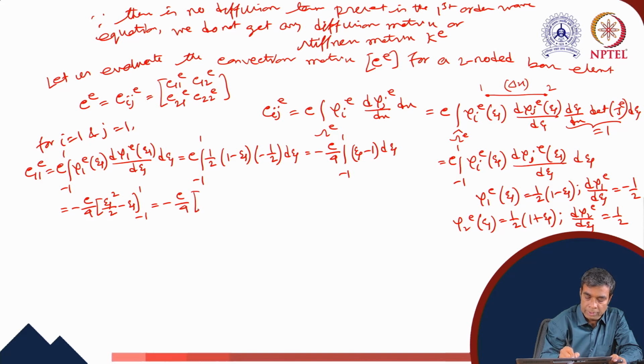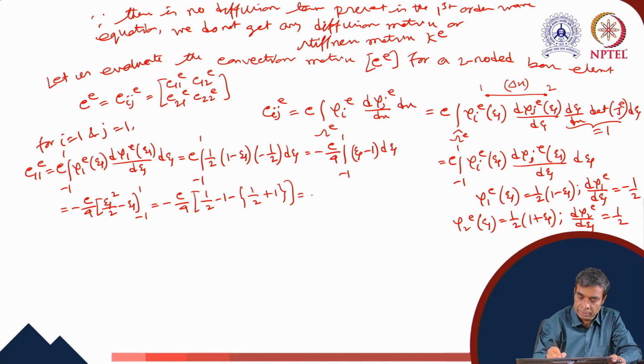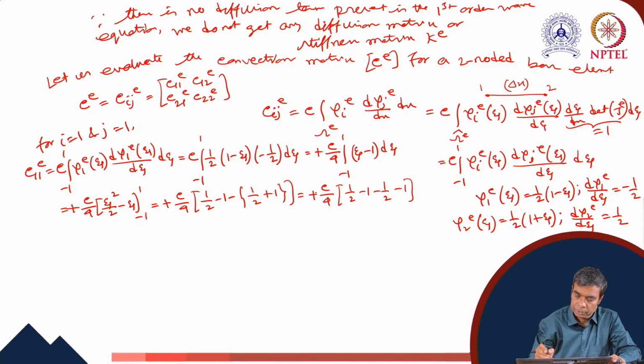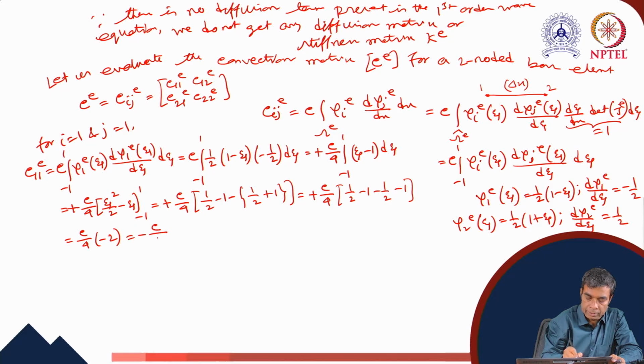This is minus C by 4 into half minus 1 minus half plus 1, which gives minus C by 4 into minus 2, equals minus C by 2.